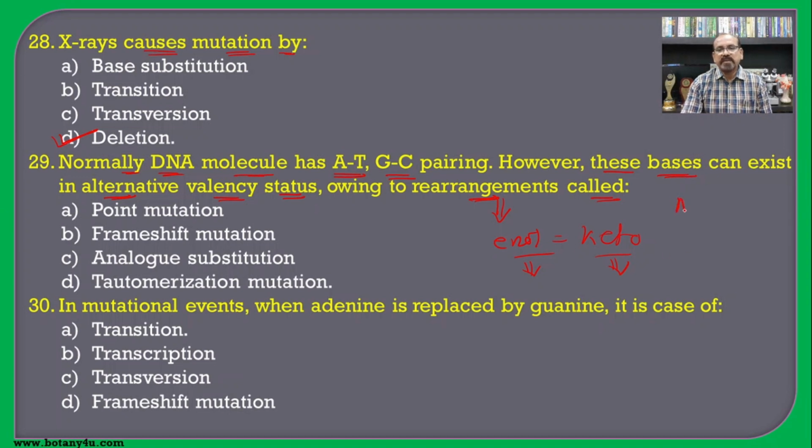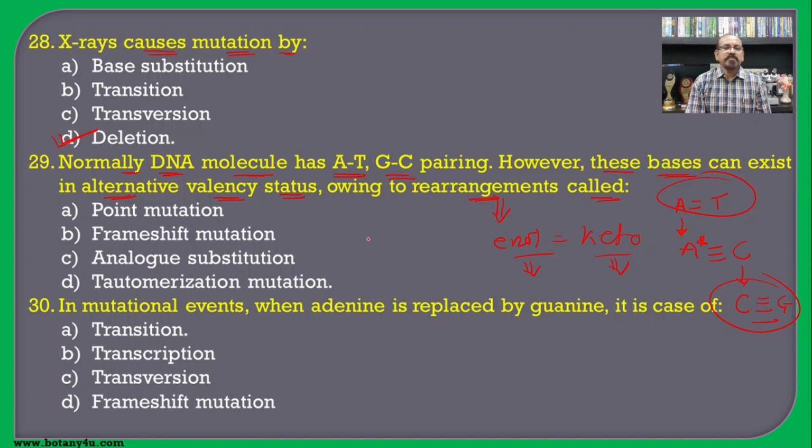Say for example, if adenine forms two hydrogen bonds with thymine, and there is a structural change in the adenine, then instead of forming hydrogen bonding with thymine, it will bond with C, and during replication this C will form hydrogen bonding with G, and hence the AT pair will be replaced by GC.